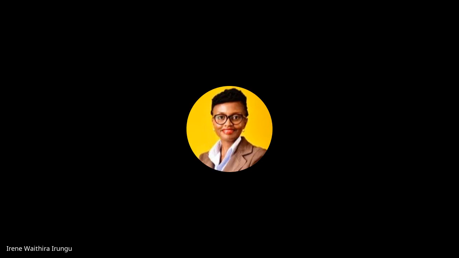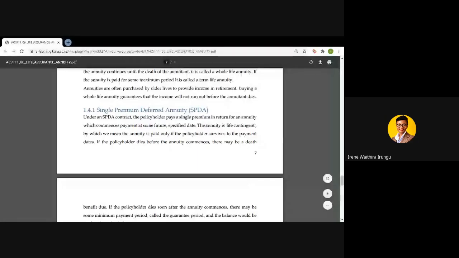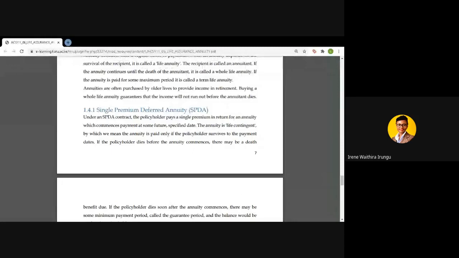After they have paid a single premium for the contract, the annuity payments will be deferred, meaning that they will not start immediately, but rather will start at some future date. So it can be a single premium 5-year deferred annuity.